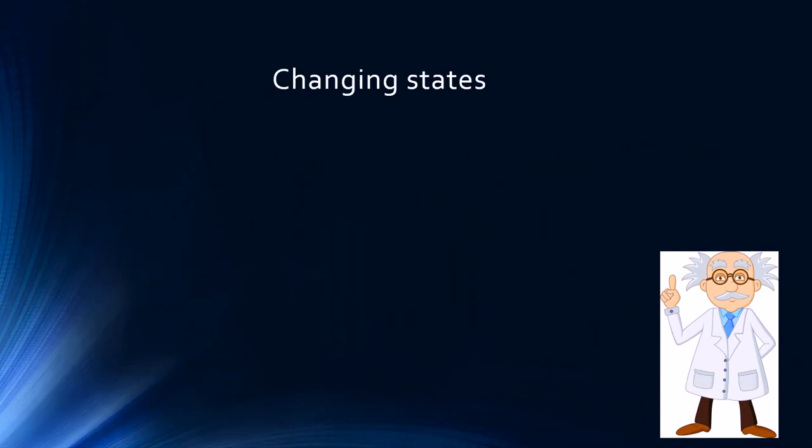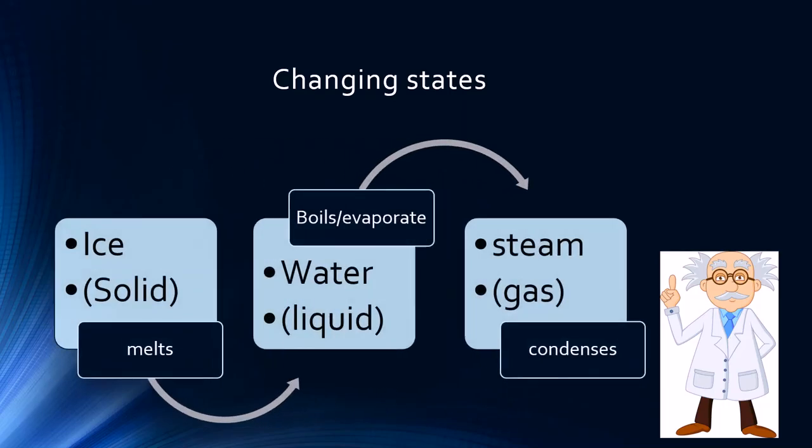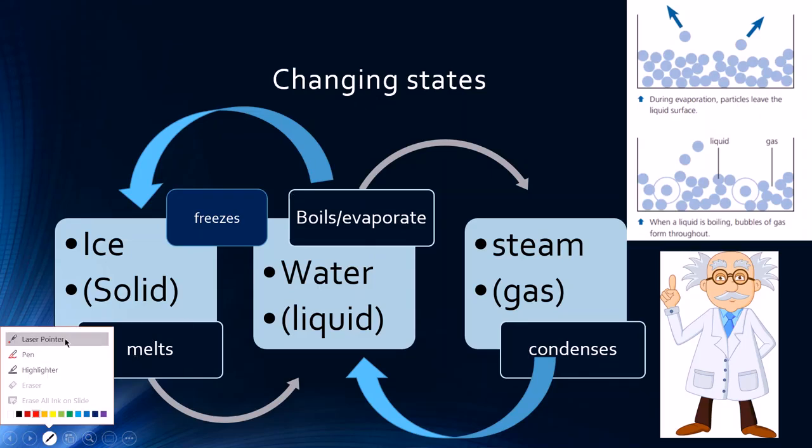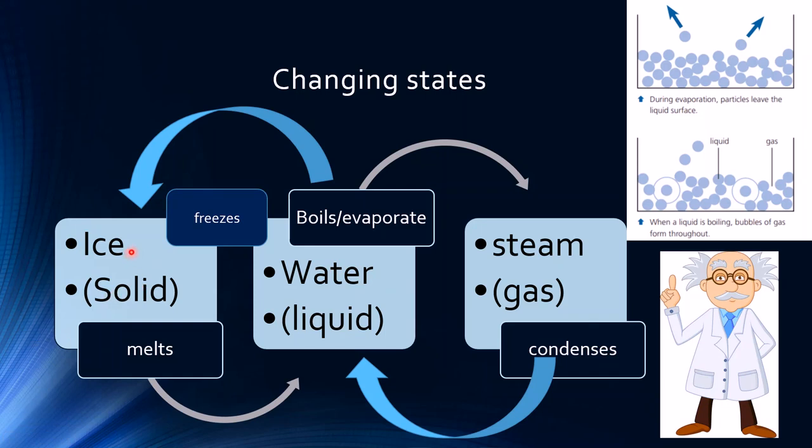Okay, changing states. Now over here I have another one of the state charts. I'll be showing you how it happens. It's just like the previous one, but a bit easier to understand. Let's start with melt. Ice is solid, right? I have written it in points to make it easier.